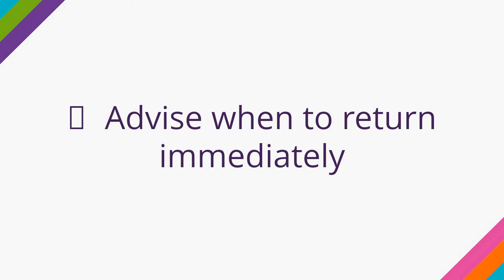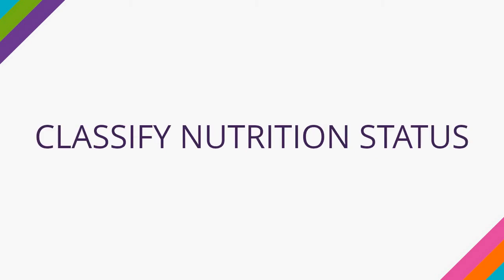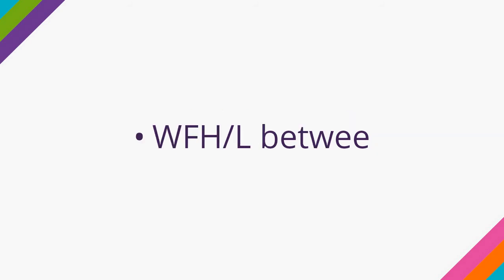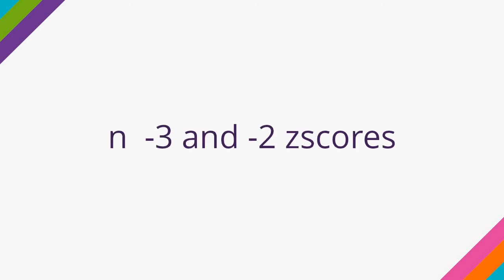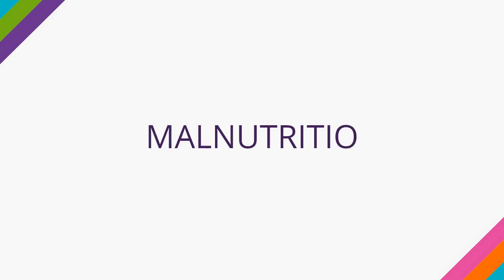The green code under classifying nutrition status is weight for height 2 Z score or more, or middle upper arm circumference 125 millimeters or more. So no acute malnutrition. That will be the classification. If the child is less than 2 years old, assess the child's feeding and counsel the mother according to the feeding recommendation. So these are the color codes within classification of nutrition status.